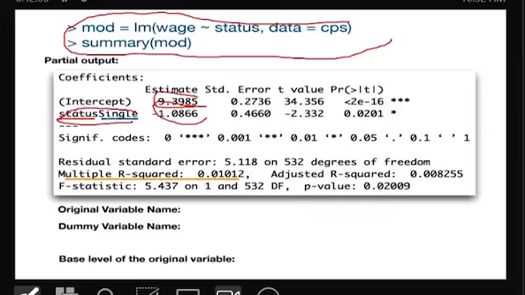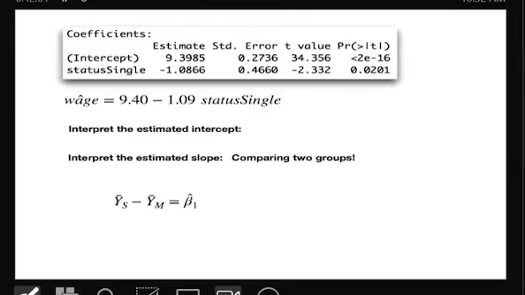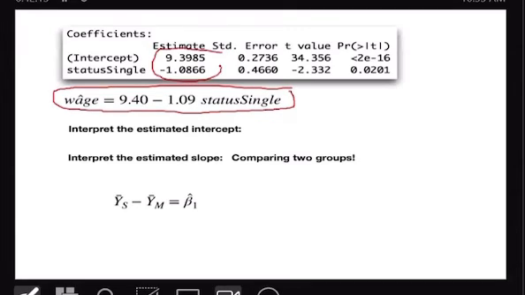Okay. Now, if I want to write a model out, this is the model. Can you see wage equals 9.40? I'm using this to 2 decimals. Does that make sense?